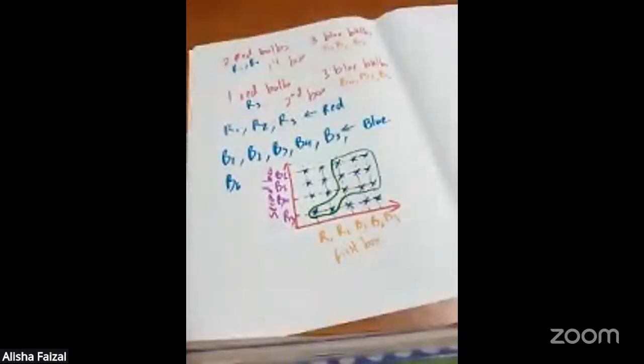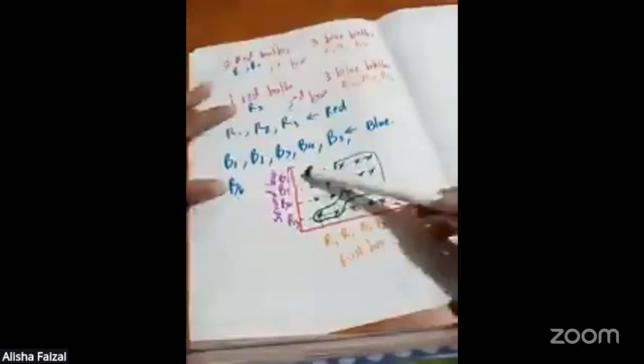Right. We'll count. Now they ask a probability. Probability means total number of favorable outcomes over the total number. Now, how many crosses are there here? 5 crosses on this side, 4 crosses on this side.